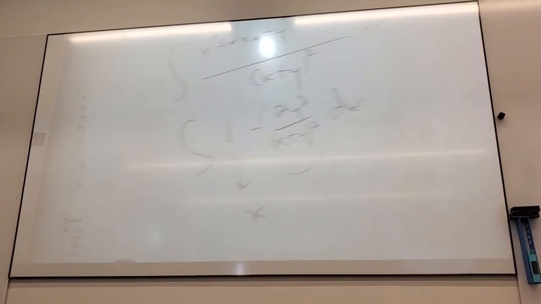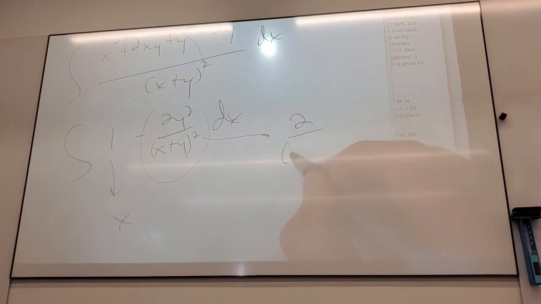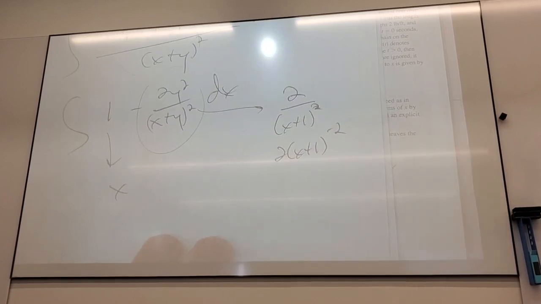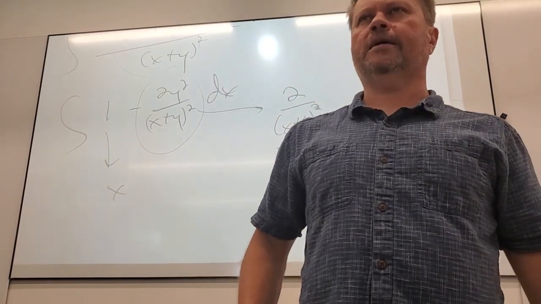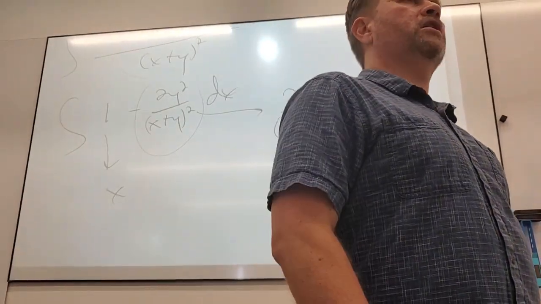If I just take this and let y be 1 for a minute, isn't the inside linear slope 1? Whenever the inside is linear slope 1, it's just like x. Yes? Differentiation, integration is just going to be the same thing as x.